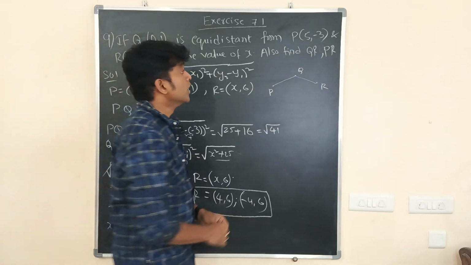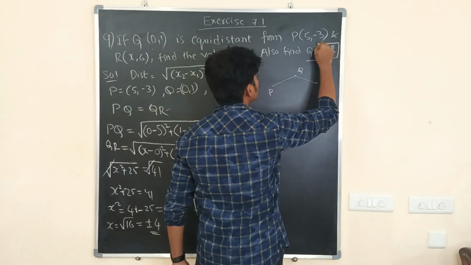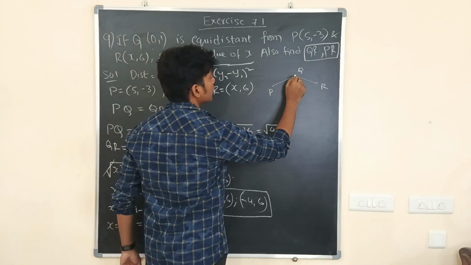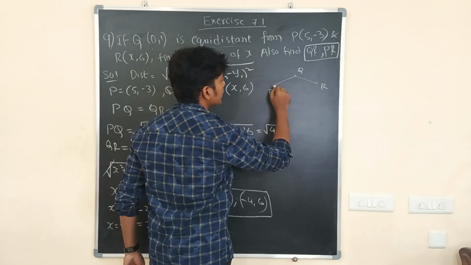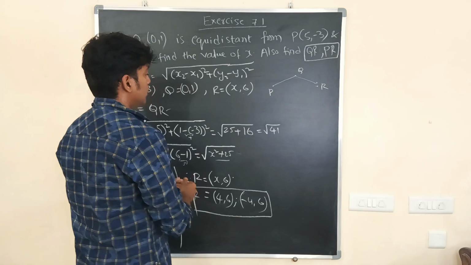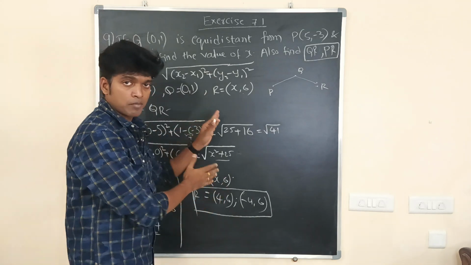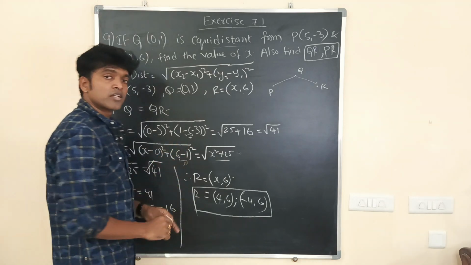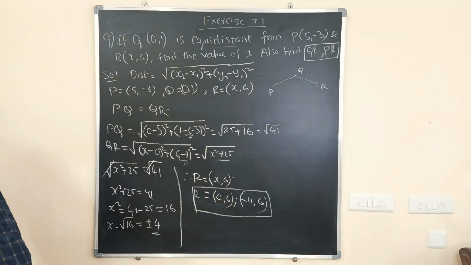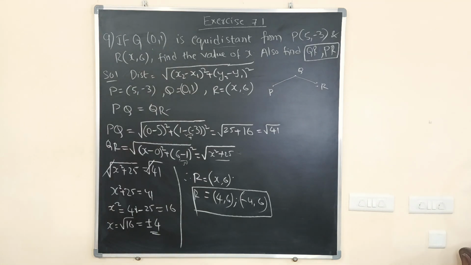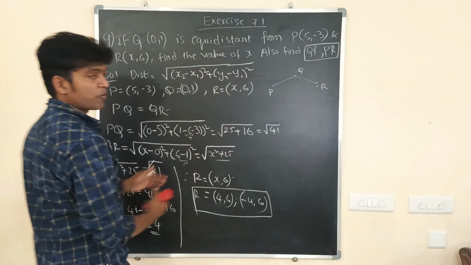Now the second part: we have to find the distance between Q and R, and P and R. This first part is completed. We have found the values of x, x is plus or minus 4. I hope you understood this first part.